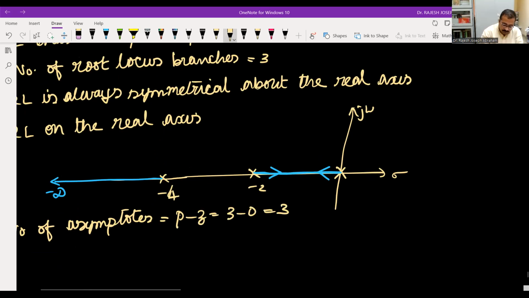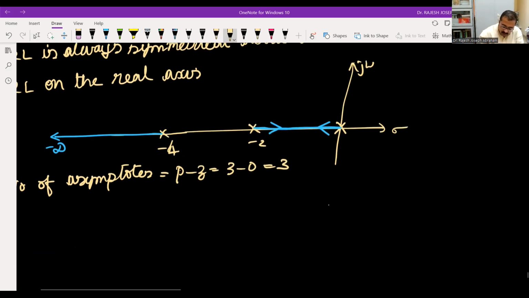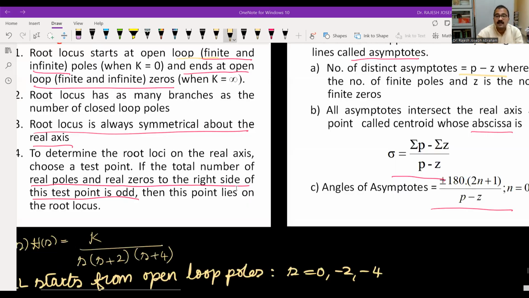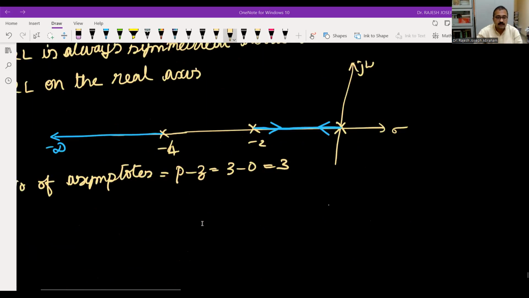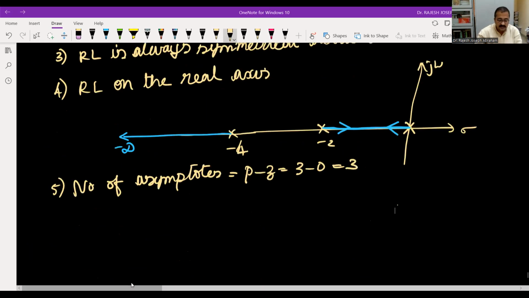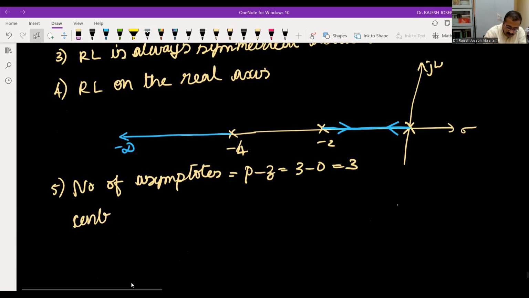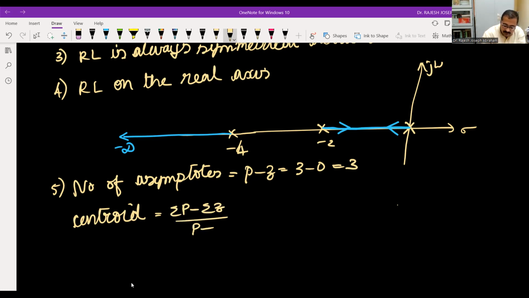These asymptotes will meet the real axis at a point called the centroid. How can we find its abscissa? It is given by sigma p minus sigma z divided by p minus z.